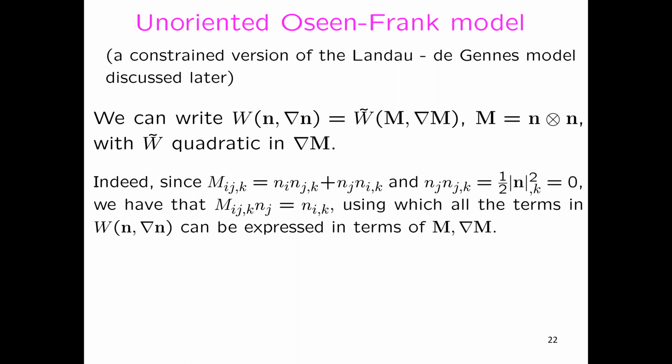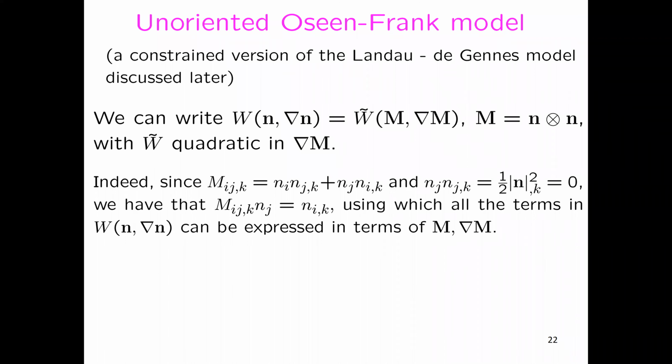Now, if you multiply this by n_j, you'll get a term n_i n_j,k n_j. But n_j n_j,k is d by dx_k of a half of the norm of n squared. But n is a unit vector, so the norm of n squared is 1, so that is 0.